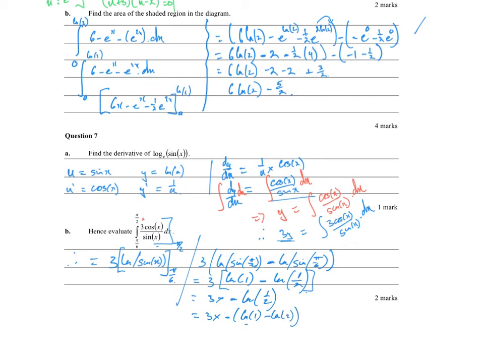So that's 0, minus a minus is a plus, which is the same as 3 natural log of 2.